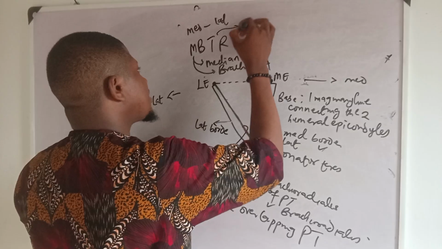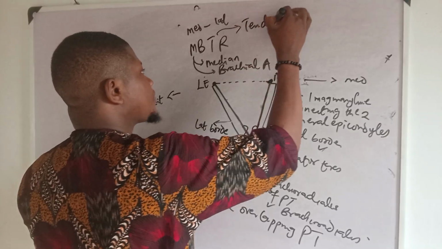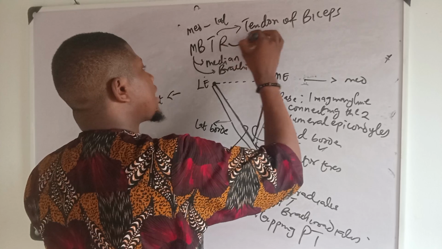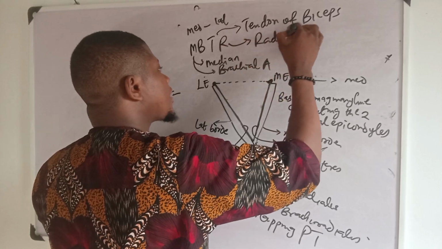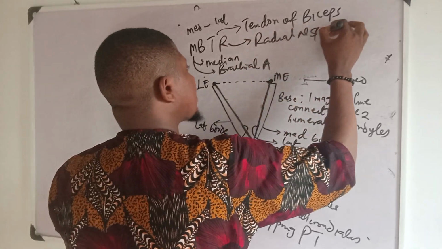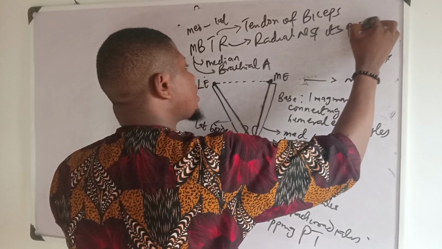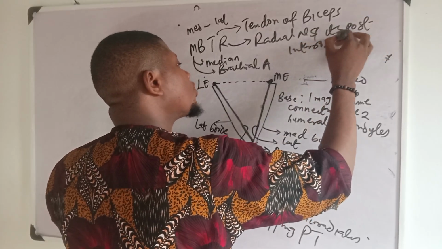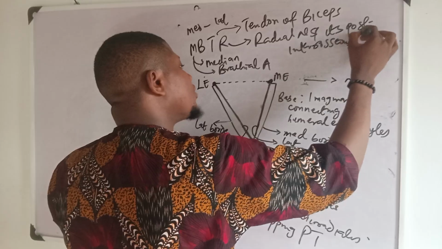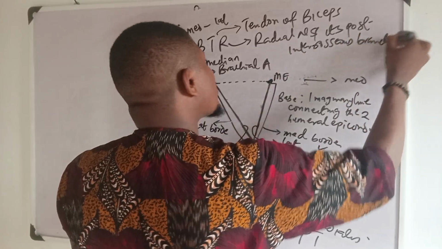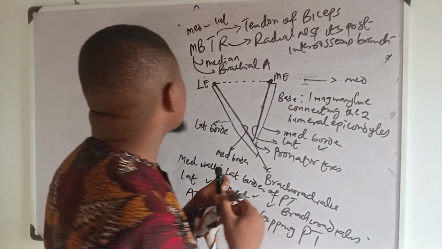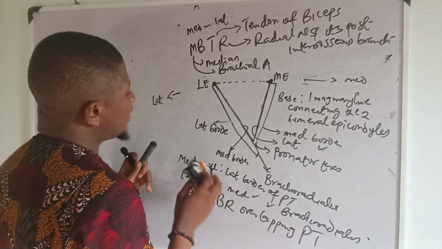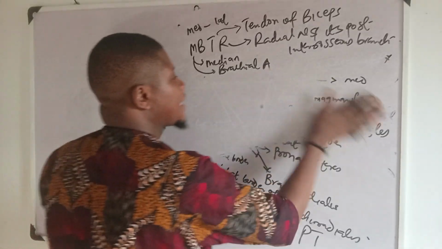Then T is the tendon of biceps. Then R is the radial nerve and its posterior interosseous branch. So this is from medial to lateral. Then I think we are done with the content, and the last is applied anatomy.